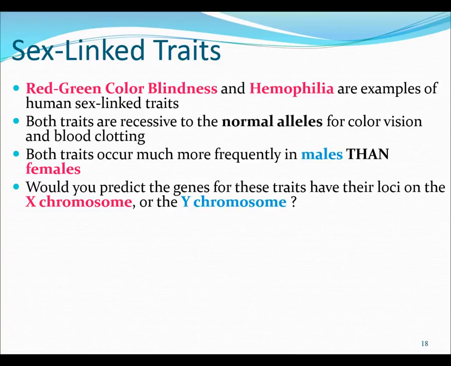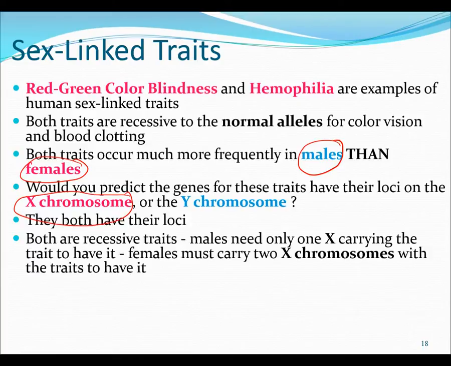Now, one of the things that we just pointed out was that both traits occur much more frequently in males than they do females. So, again, where would you predict the loci? Is it on the X chromosome or is it on the Y chromosome? Wherefore, to occur more frequently in males, it would have to be on the X chromosome, not the Y, because women don't get a Y. Okay, trying to be silly.